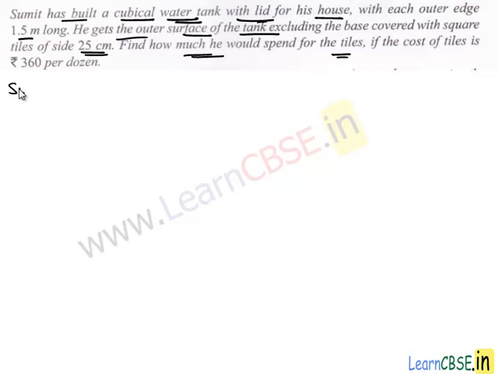So let's work out the problem. Here we are given a cubical tank whose edge is 1.5 meters long. Let us suppose this is a cubical tank and its edge is 1.5 meters long.